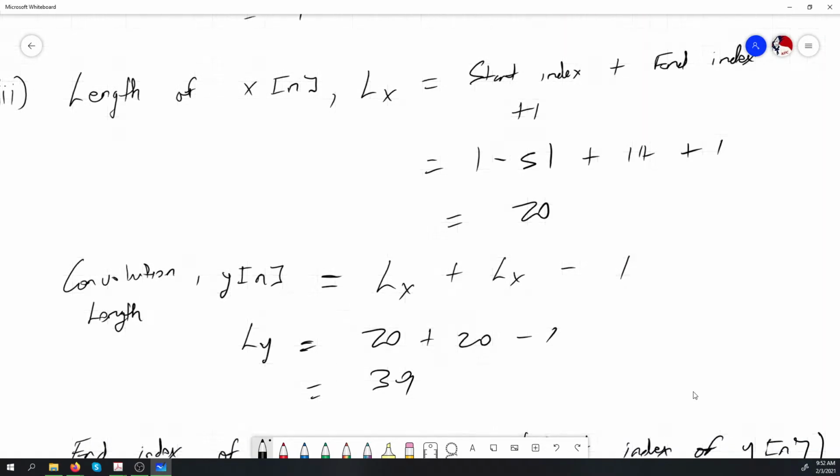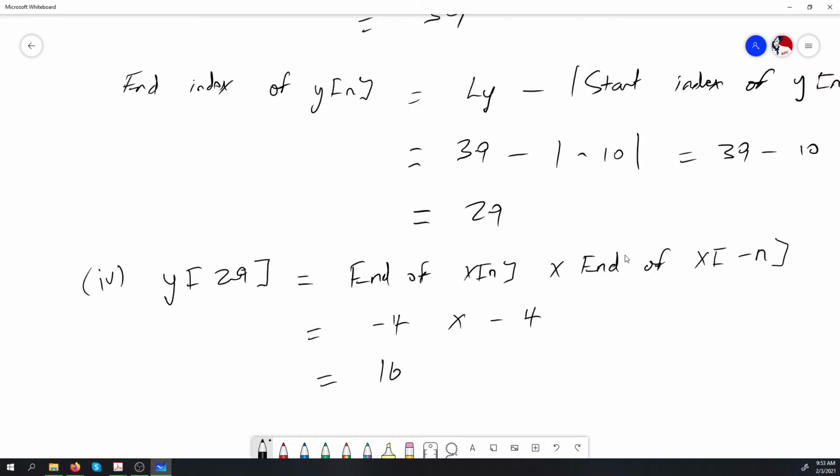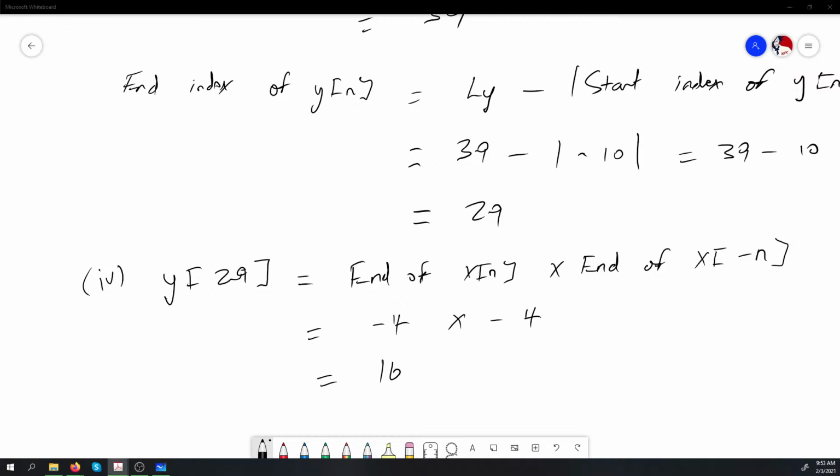So this is going to be the end of x of n multiplied by the end of x of minus n. It's going to be -4 multiplied by -4, which gives us a value of 16. So yes, that's very self-explanatory at that point.